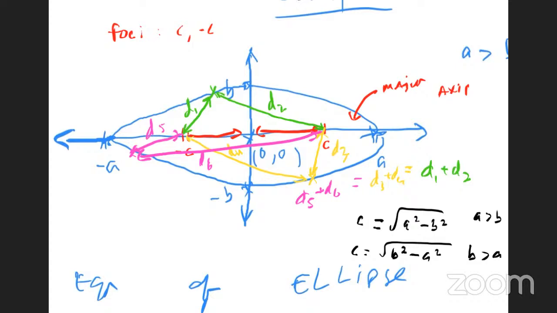Okay, so see our circle is always equidistant from the center. A locus, the sum of the distances from the foci is always constant. Okay with that?